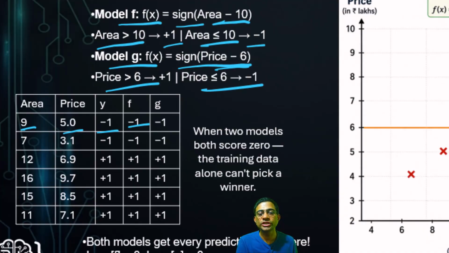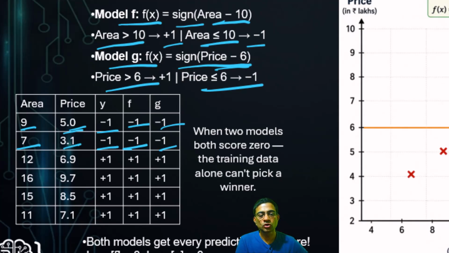And model G is telling if the price is more than 6, it is going to be plus 1. Price is 5, so it will be minus 1. So we got minus 1, right? Similarly, next one, if it is 7, that is less than 10, so it has to be minus 1. The actual label was also minus 1. And for model G, price is less than 6, it is 3.1, so again it will have minus 1.